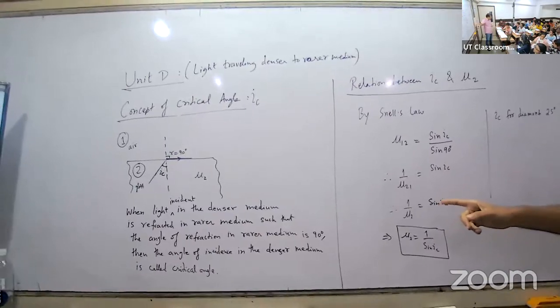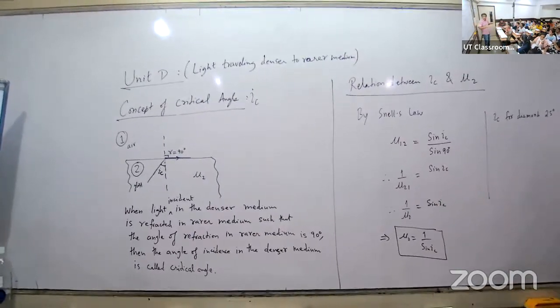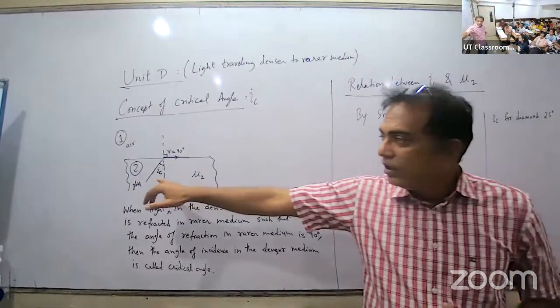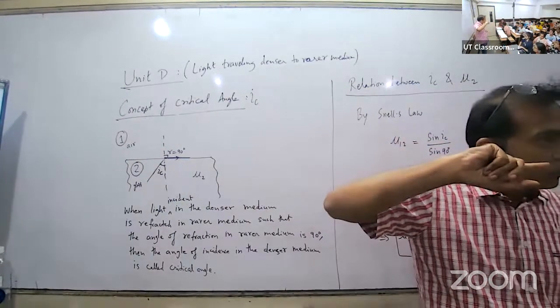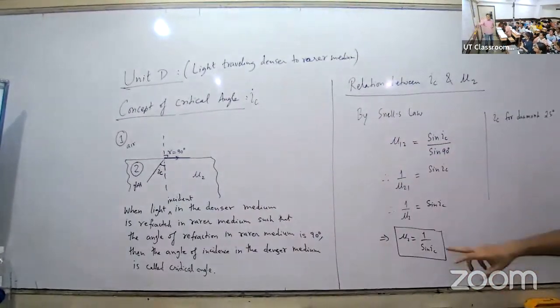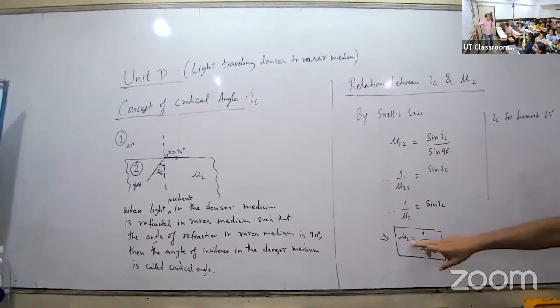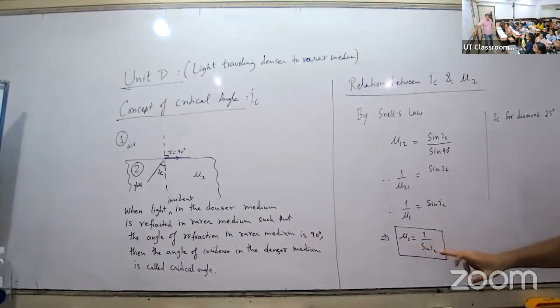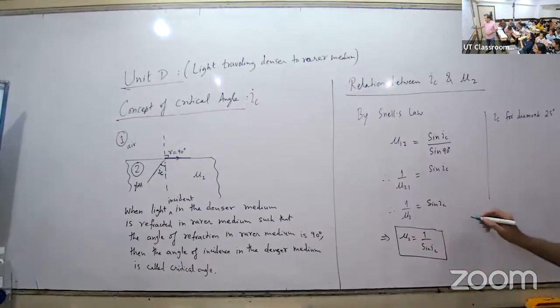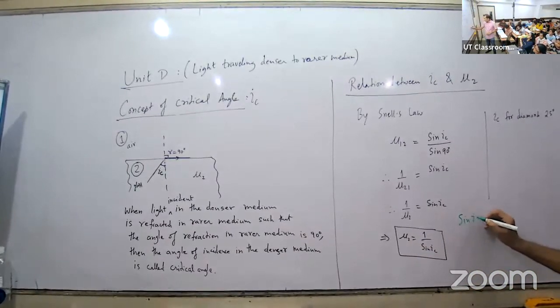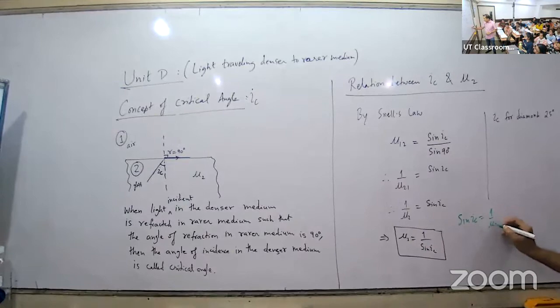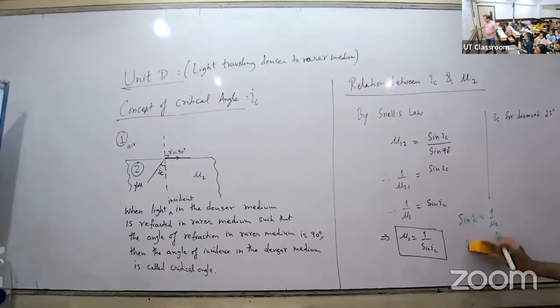You understood? Okay. So any medium, if its refractive index is known to you, how can you find out the critical angle of that medium? So sine of IC is equal to 1 by mu2, and therefore IC is equal to sine inverse of 1 by mu2.